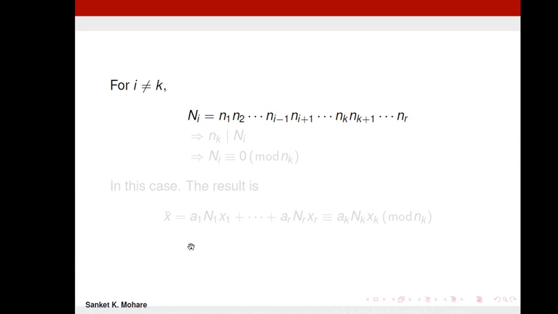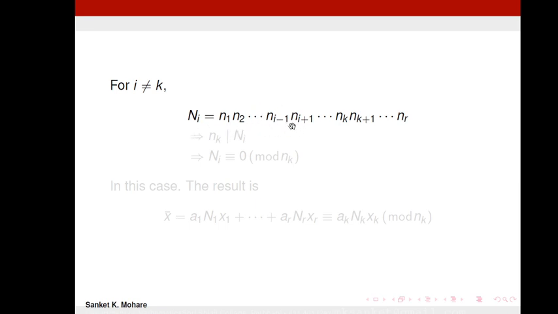Now for i not equal to k, we define capital Ni as n1 n2 up to ni minus 1, ni plus 1 up to nk and so on nr. So capital Ni is the product of the integers n1 n2 up to nr which omits the term small ni.